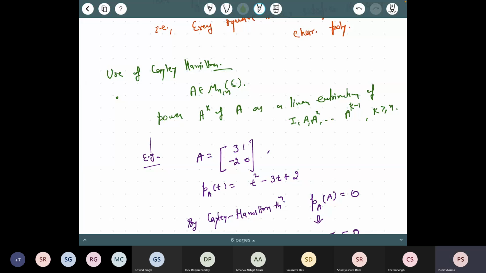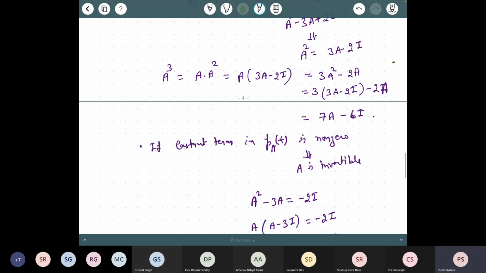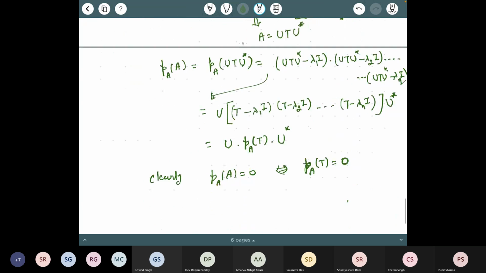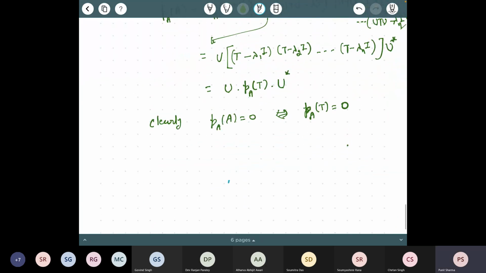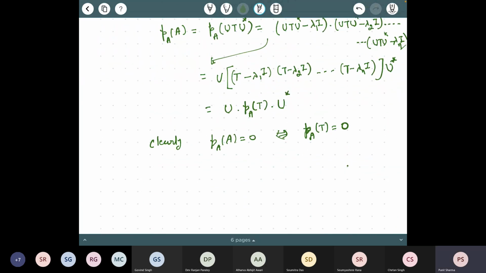All right. So what I was saying is that if we show somehow that PA of T equal to 0, then we are done. But why PA of T equal to 0?